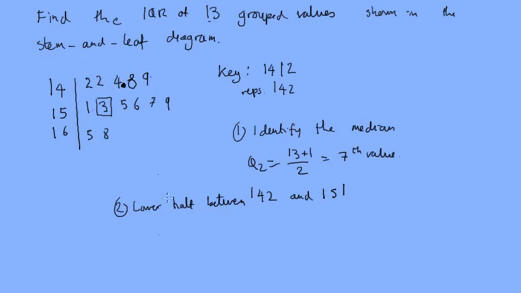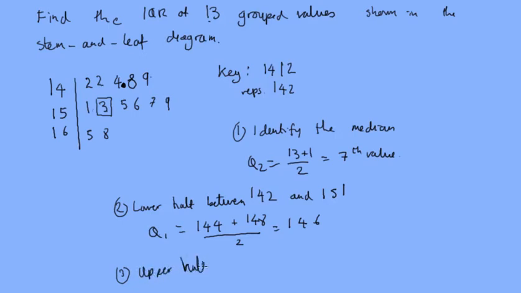So Q1 is going to be between 144 plus 148 divided by 2. And that gives us 146.